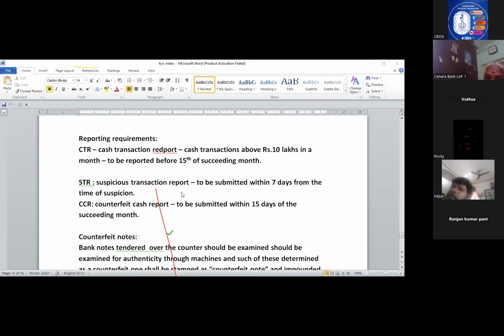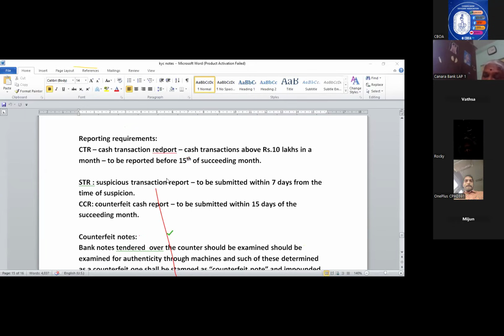Second one, STR, suspicious transaction report. Whenever a transaction is happening, I told you monitoring of transactions is very important. Suppose a small tea shop owner is getting 5 lakhs every day, then we should have a doubt. His business per day doesn't go beyond 10,000, but every time he gets an inward remittance of 5 lakhs, then that is a suspicious transaction.